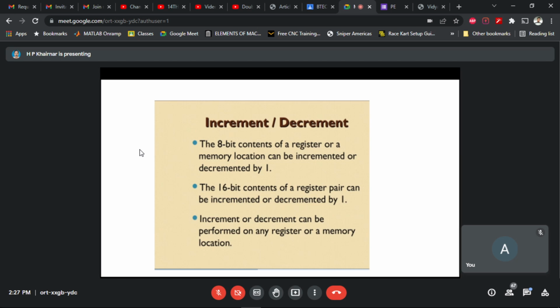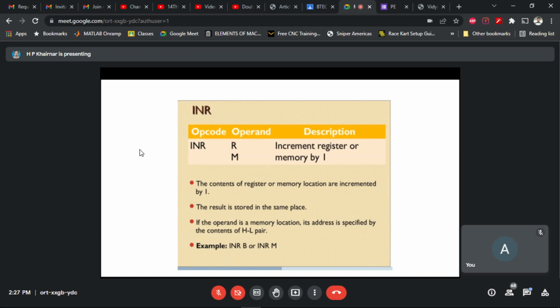The instruction used for increment is INR. For decrement, it is DCR. Both keys are directly available on the microprocessor kit, that is the INR key as well as the DCR key. You can directly use those keys and execute the program. What is the format for the instruction? The opcode will be INR, then the operand will be R or M. R is for register, M is for memory location.